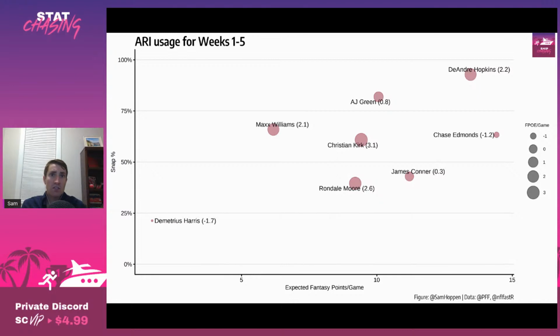He's actually last among the wide receiver group in weighted targets per route run at 0.4, but he's second on the team in target share at 16%, which is slightly ahead of the 15% that Christian Kirk and Rondale Moore have.